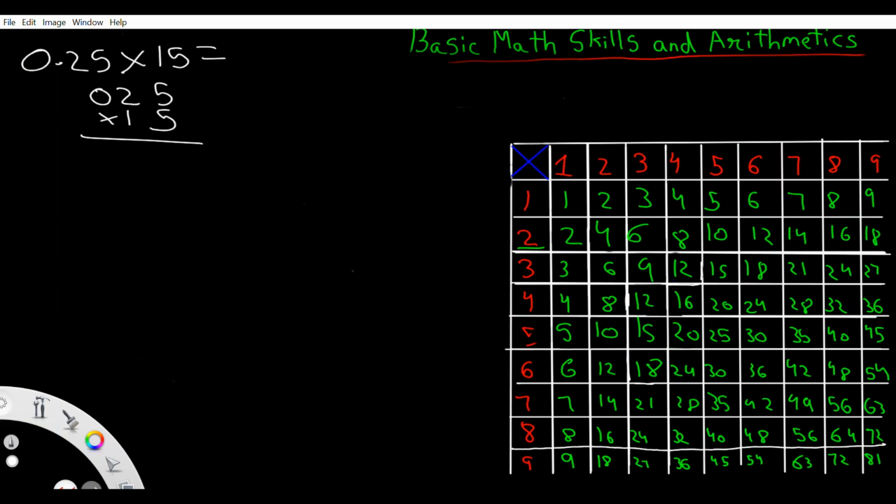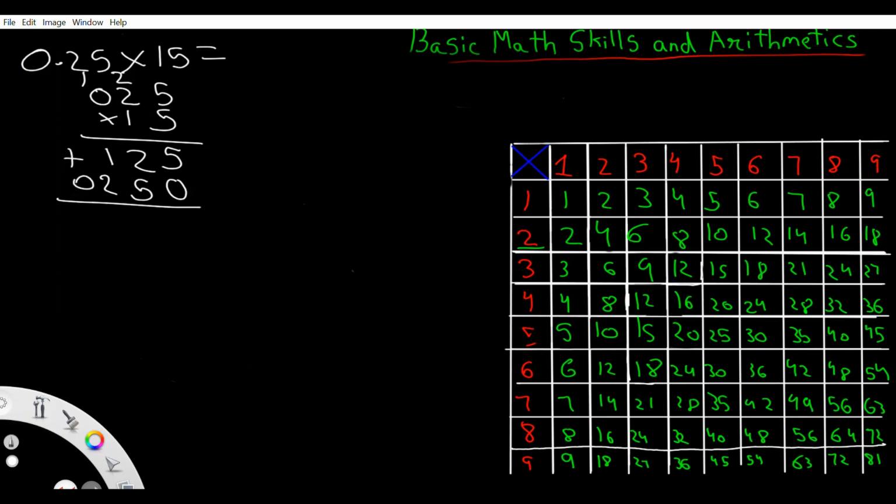5 times 5 is 25, so we add the 5 here and 2 here. And 5 times 2 is 10, plus 2 is 12. 2 here, 1 carried away. 5 times 0 is 0 plus 1. And now we leave a space and do 1 times 5 is 5. 1 times 2 is 2. 1 times 0 is 0.